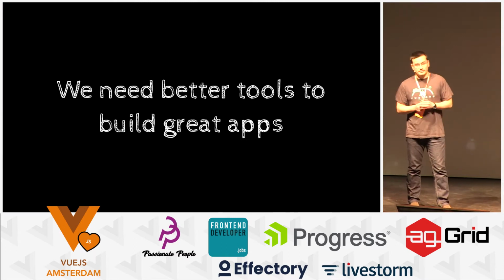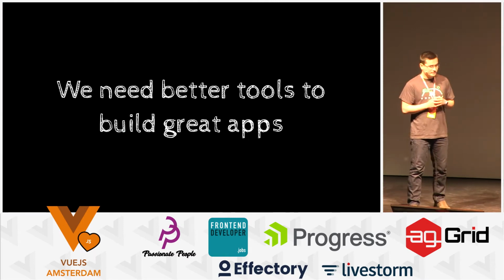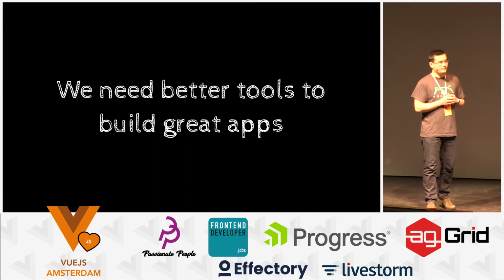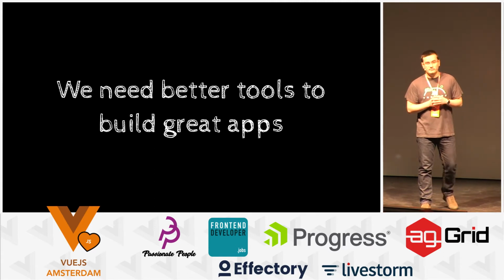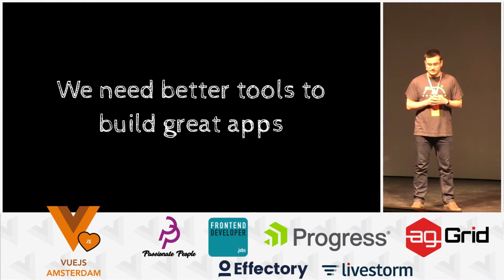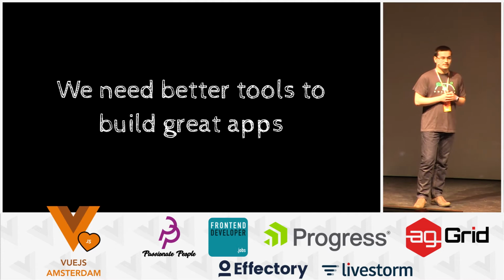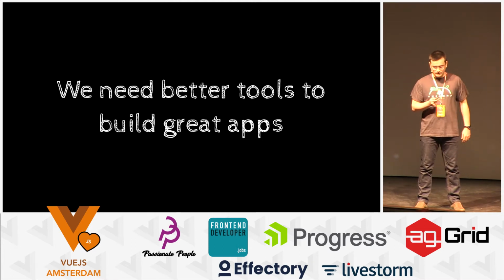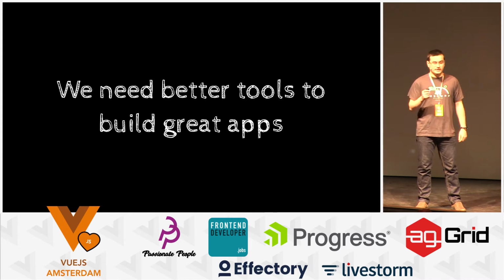So the main goal, the main topic of this talk is that today, when we are building web apps, we need better tools and better technologies to face the problems we encounter today for network and such.